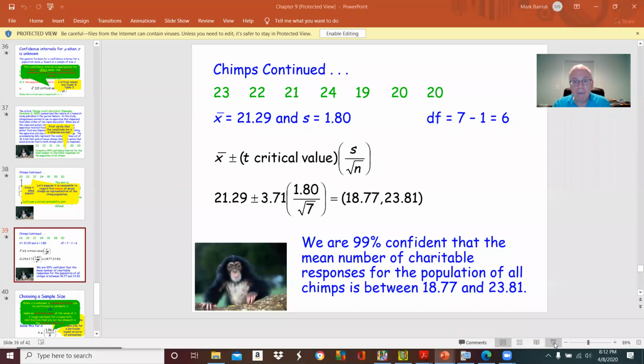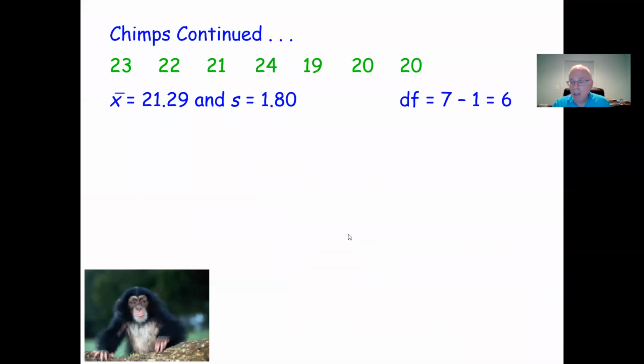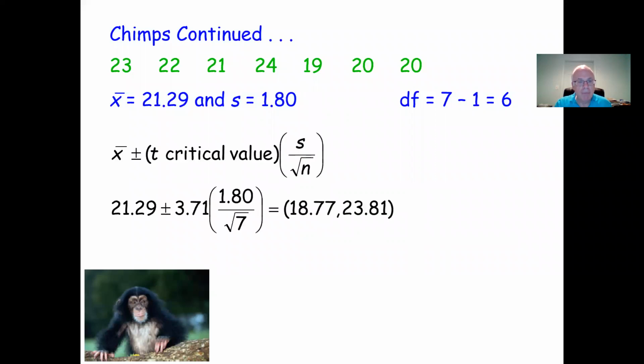They rounded the mean and standard deviation to 2 decimal places. So this would become 21.29 for the mean and 1.80 for the standard deviation. That's where they got the numbers from. Now, where did they get the 3.71 for the t critical value?